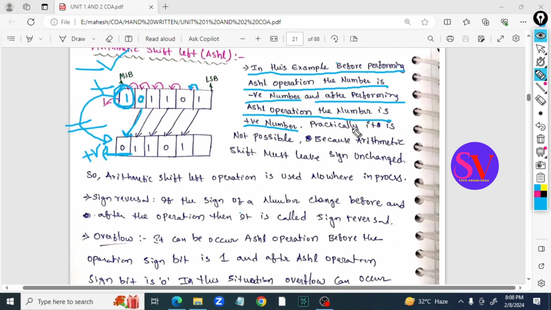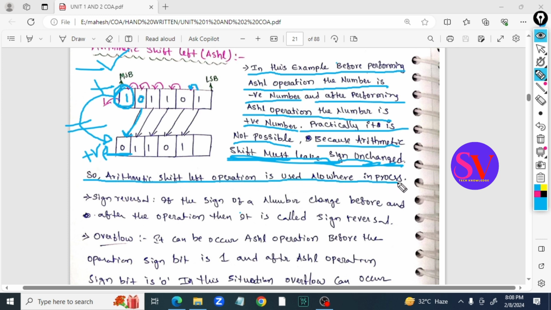Practically it is not possible, as we studied in the earlier rule, because arithmetic shift must keep the sign unchanged. We clearly studied that whenever we do arithmetic shift, the sign should not change. So arithmetic shift left operation is used nowhere in processors.